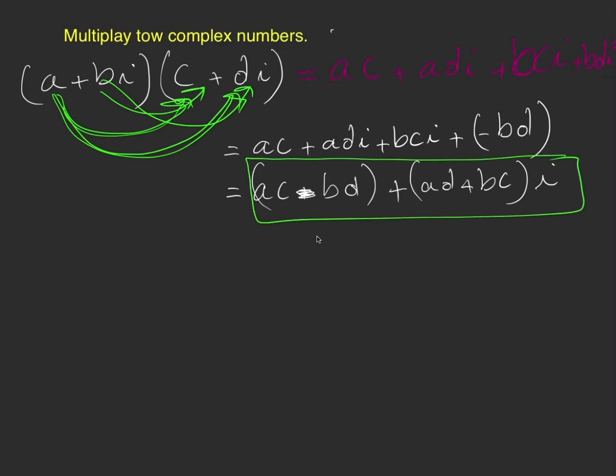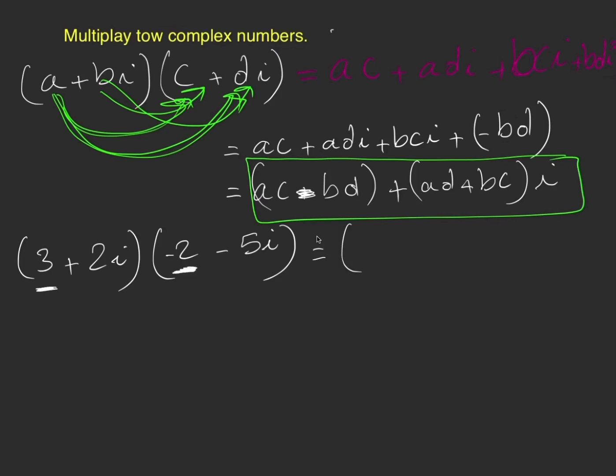If we have any numbers, for example, let's try another two numbers. We have 3 plus 2i times minus 2 minus 5i. So what is it going to give us? It is equal to ac. We have a here and we have c here.